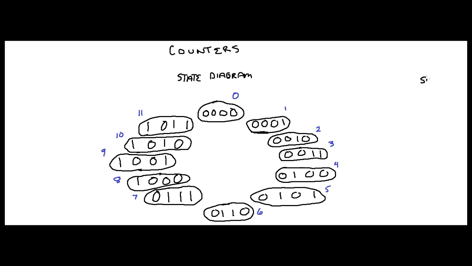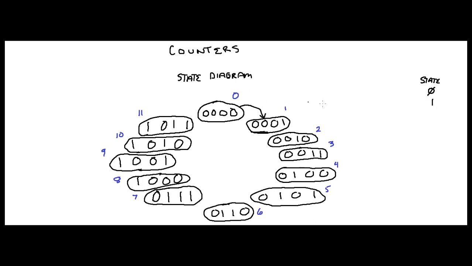So if this is your state, we're starting at 0, and then we go to the first state. By the way, in a state diagram you always have an arrow showing you where you're going to go. So obviously we go from state 0 to state 1.